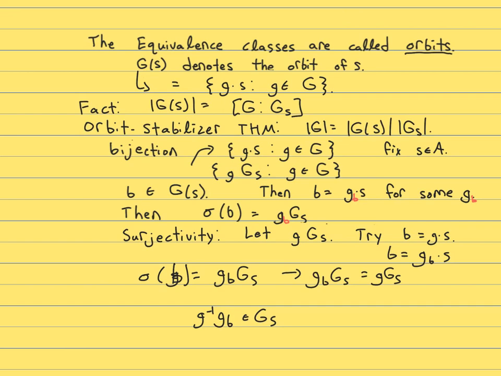Well, it's the same calculation we've already done before, taking advantage of what we know about B. I'll leave it to you to check those details, that you can see that this is equal to g inverse dot B, which is equal to g inverse dot g sub B dot S, and you get the cancellation, exactly like we did with well-definedness. So it's the same proof, but we have to redo it again because we have to emphasize here that it's not immediate, that there is this extra step we have to check.